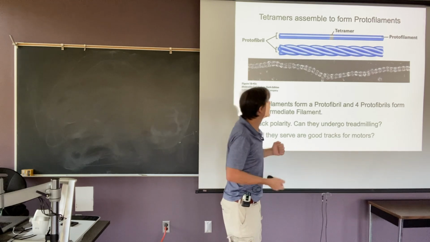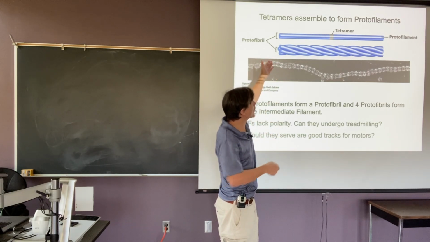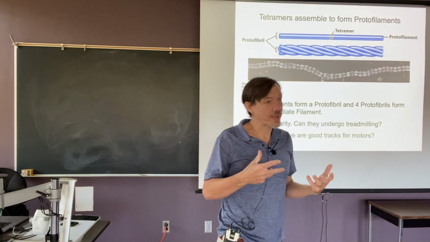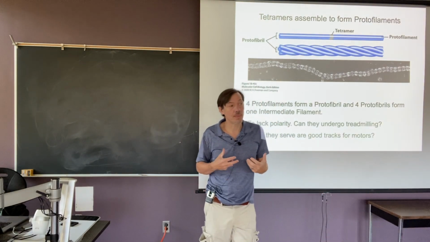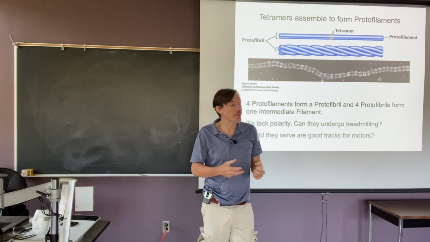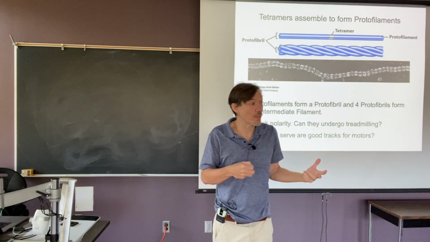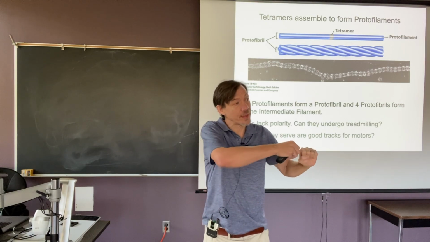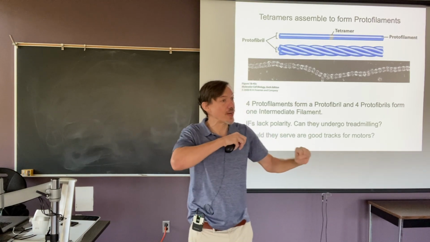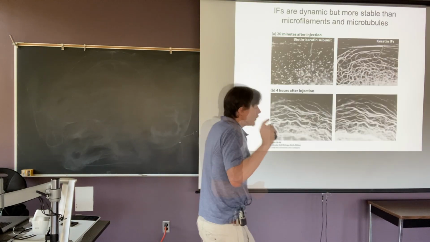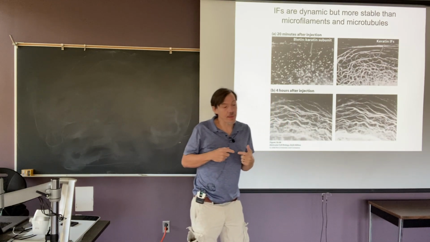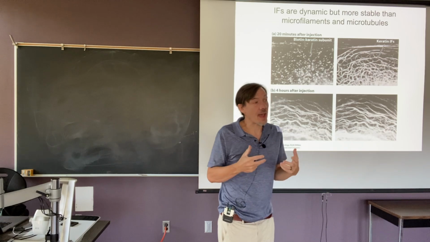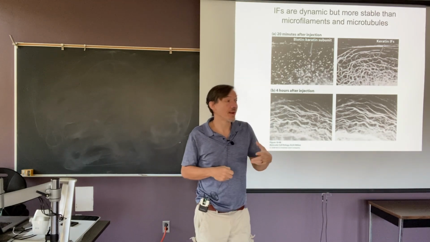But in any case, if you look at the structure, it looks very much like a braided rope. And once again, coming back to this idea that a big role of the cytoskeleton in cells is to provide structural support, this rope-like structure is very good for handling tensile forces, so stretching, keeping cells together. One of the big themes in understanding microtubules and actin filaments is that they are dynamic.